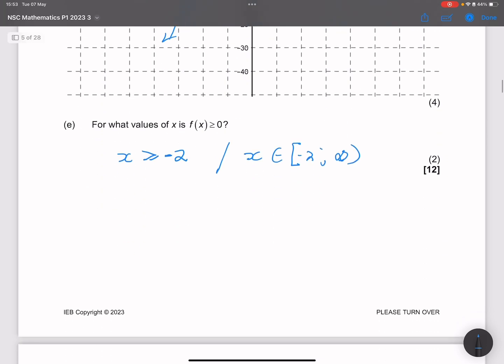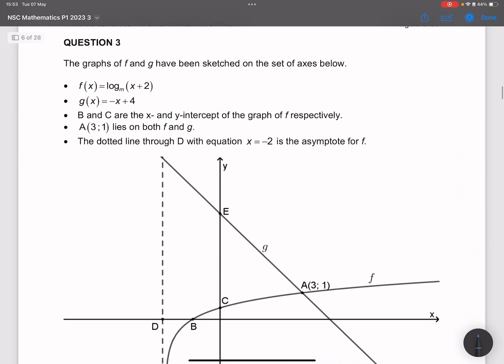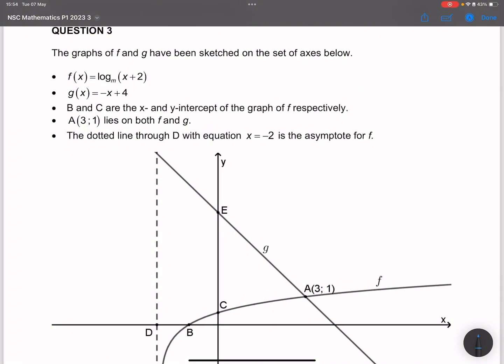All right, so on the next one, question number 3. The graphs of f and g have been sketched on the set of axes below. They've got f of x is equal to log base m of (x plus 2), and g of x is minus x plus 4.